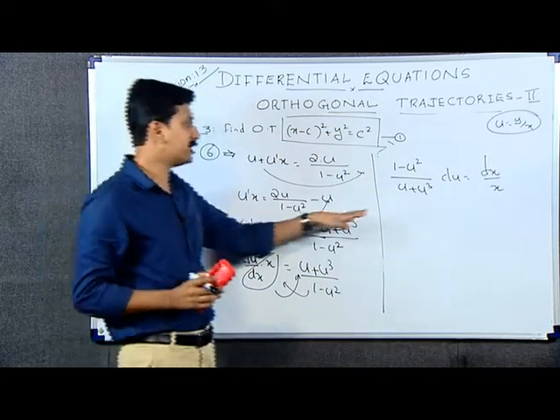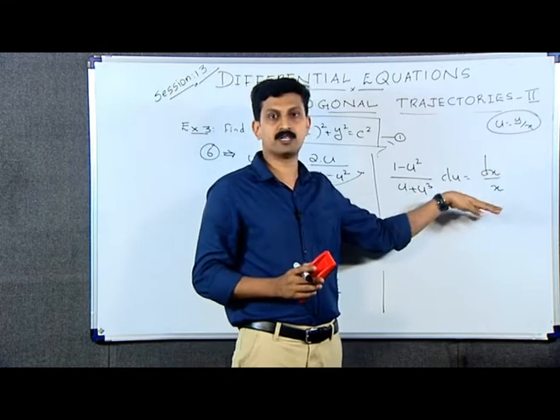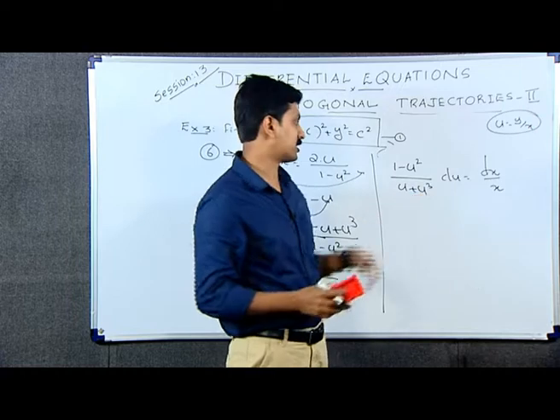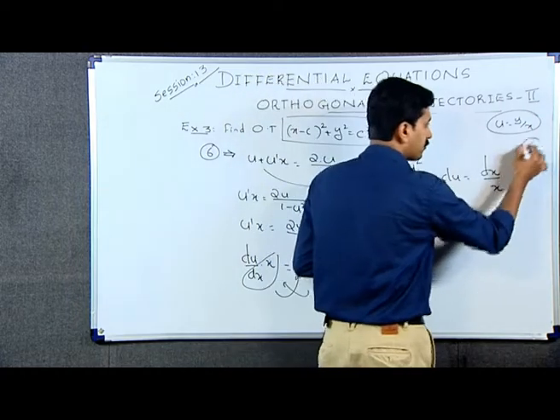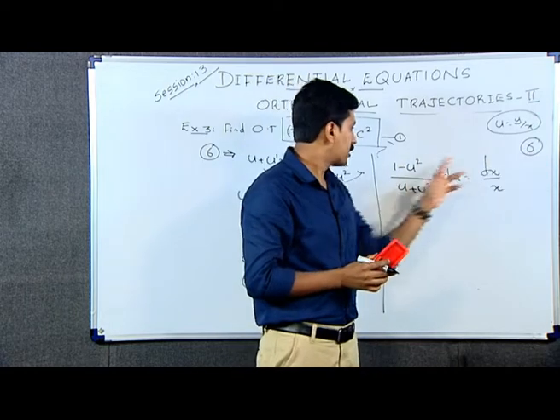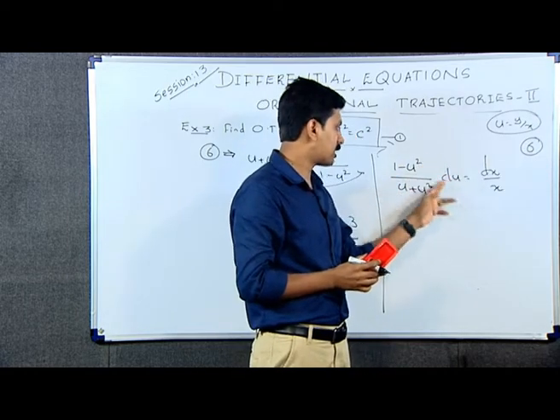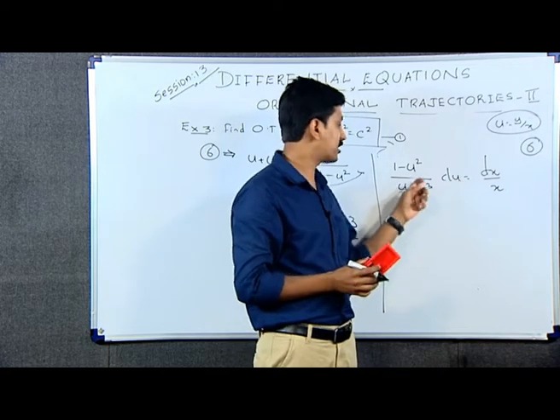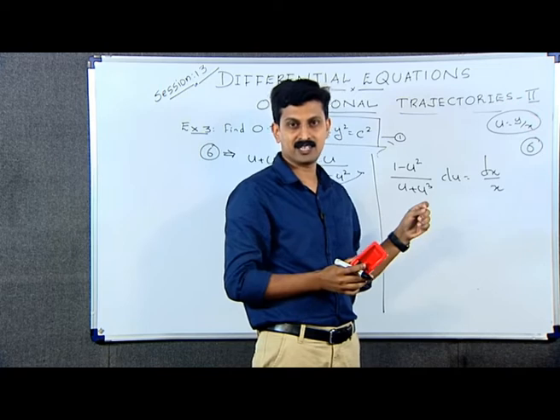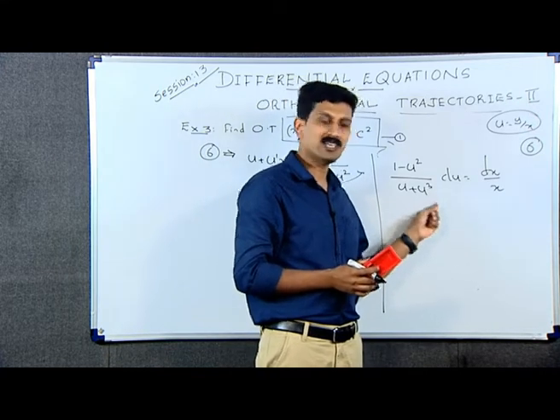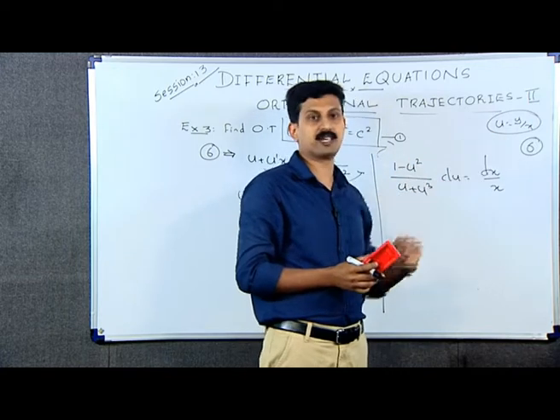Now, we are happy our variable separated form is there. This is the equation we generated from equation number 6. Now, we can solve this differential equation, so we will have a solution in terms of u and x. After solving, we can change u back to y by x.